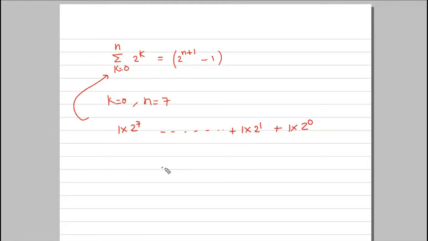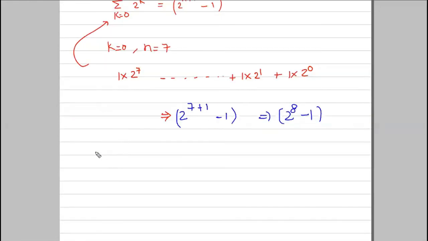Then it will result in what? 2^(n+1). So 2^n is 7, we have plus 1, and we need to minus 1 out of that, so it would become 2^8 minus 1. We can calculate in an easy trick as well. As I said, we have total permutation combination as 2^32, and these are the total numbers we can generate.